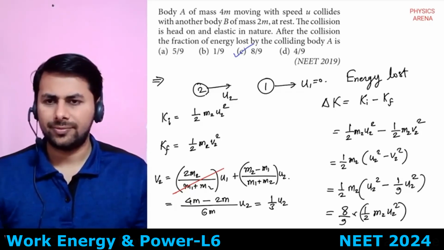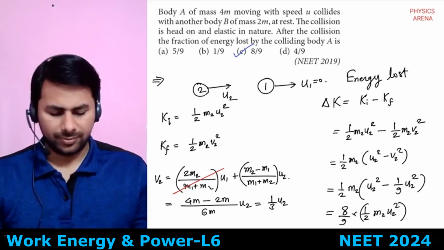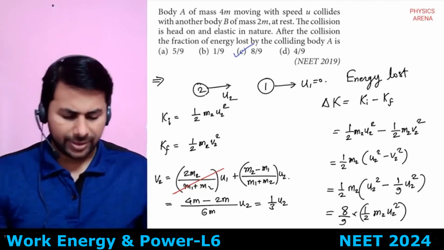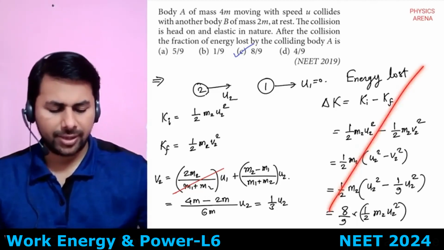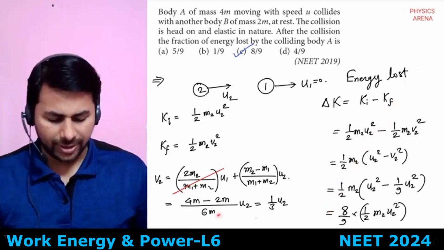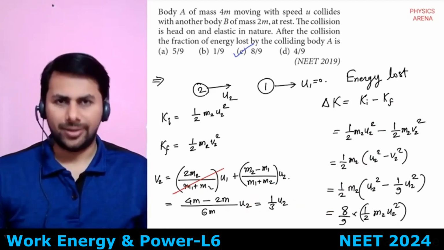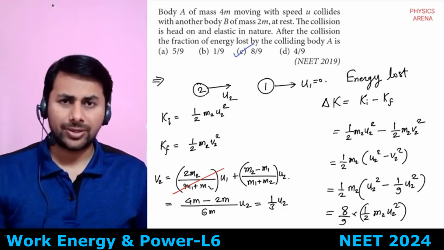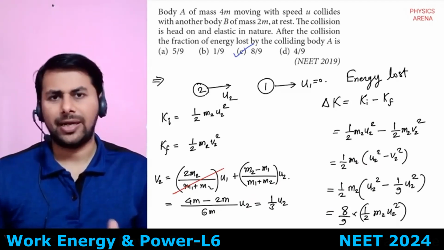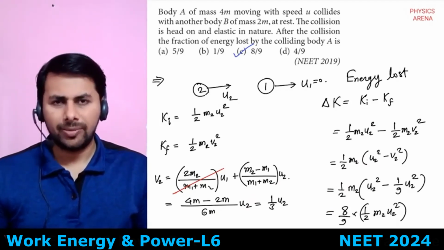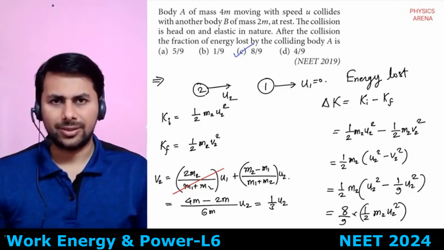Is this thing clear? Actually it can be done faster, so don't think about this first. Just find out the final velocity. Final velocity becomes 1/3. That means kinetic energy becomes 1 by 9. Why?